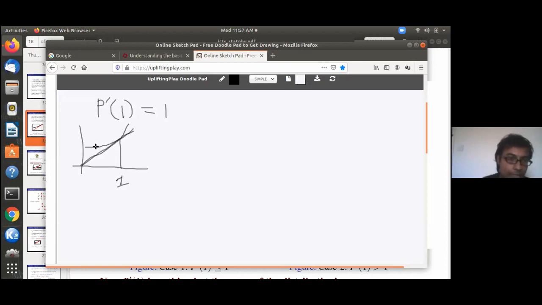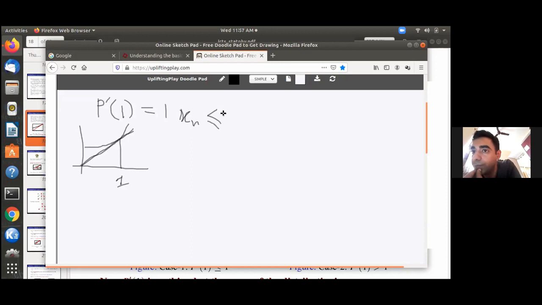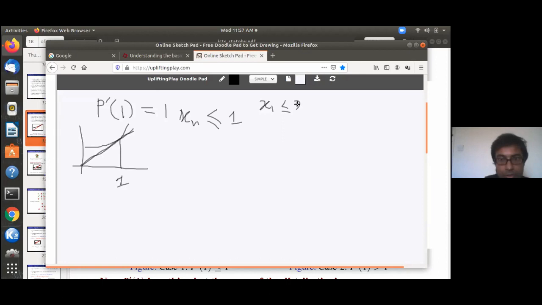Now the way I answer your question, all of x_n, that means the probability of going extinct at the nth generation, must be less than or equal to the intersection point, which is now 1. And this is a monotonically increasing sequence, because x1 was less than or equal to x2 and so on, right?